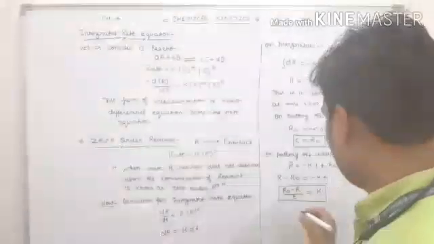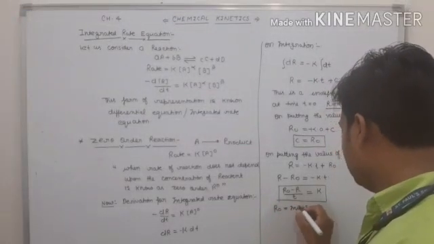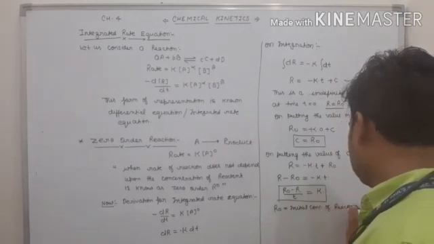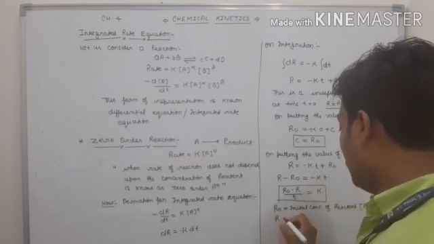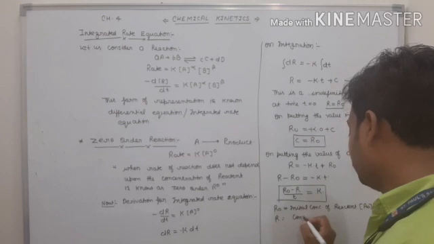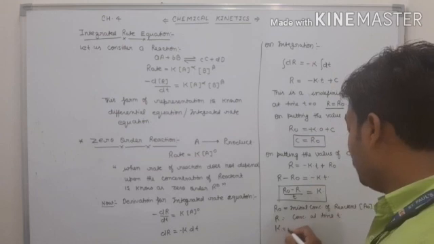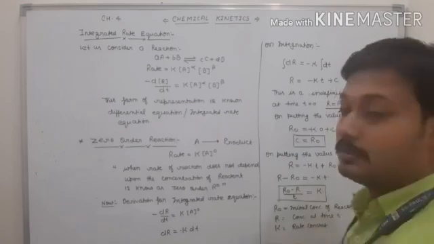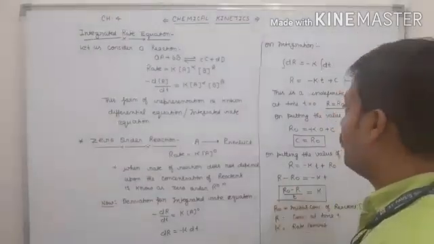This R naught is the initial concentration of reactant, R is the concentration at time t, and K is the rate constant. So this is the integrated rate equation for the zero order reaction.